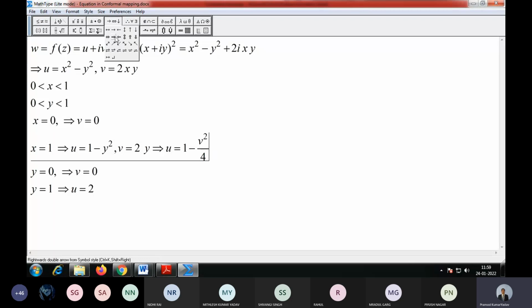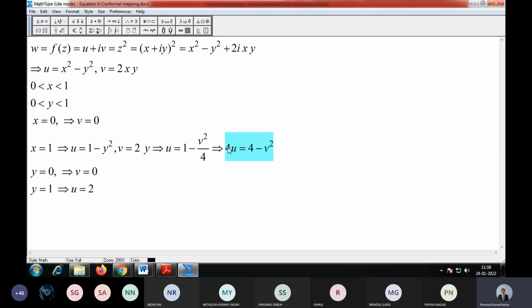This implies 4u equal to 4 minus v square. 4u equal to 4 minus v square. I hope you all know this is the equation of, yes, anyone?